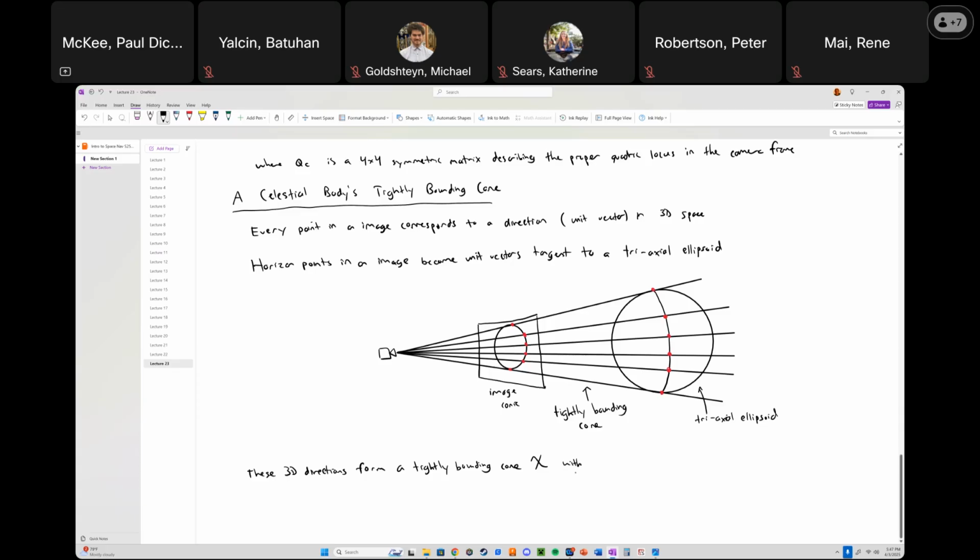with apex A hat. So apex would be the point of the camera, essentially, right? So the way we're going to put this is chi is proportional to, right? Because this cone goes on forever.